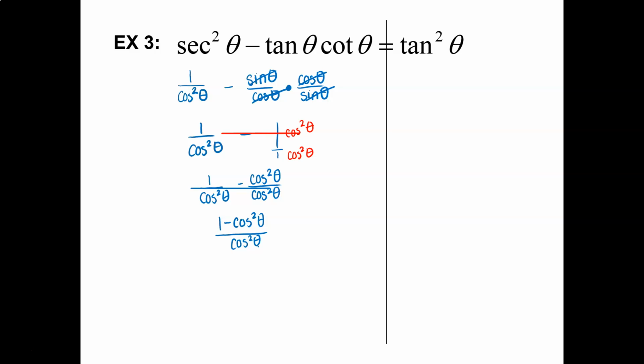All right, this looks nothing like tangent squared theta right now, right? However, we are actually very, very close. I'm going to work on both sides a little bit here. Tangent squared theta would be sine squared theta over cosine squared theta.